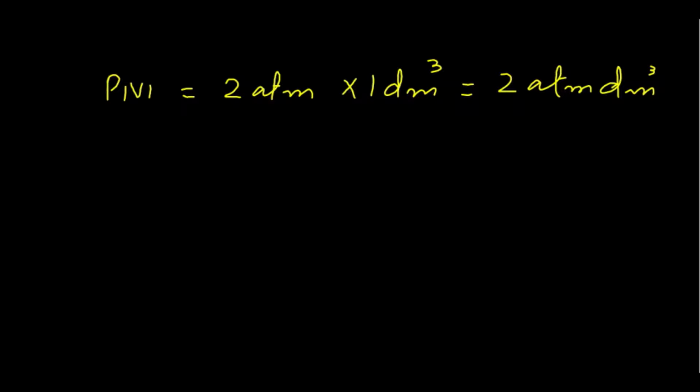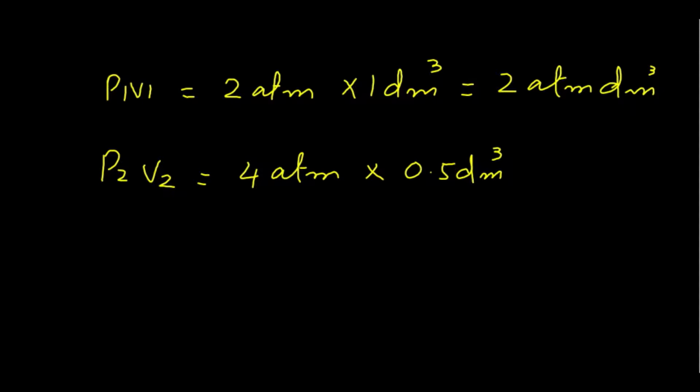Similarly, P2V2. If we increase the pressure from 2 atmosphere to 4 atmosphere, the value of P2 is 4 atmosphere and the value of V2 is 0.5 cubic decimeter. By multiplying, again we get the same answer, that is 2 atmosphere cubic decimeter.